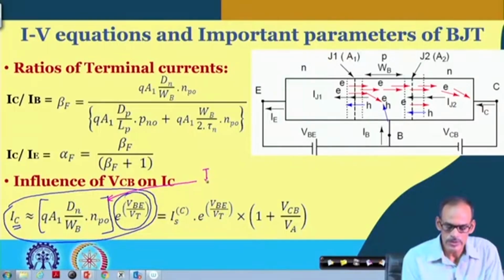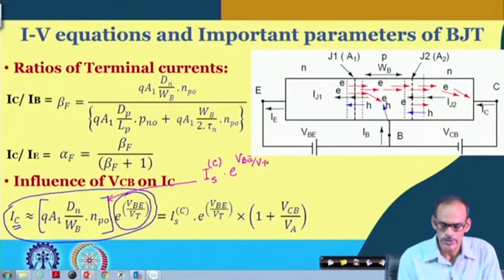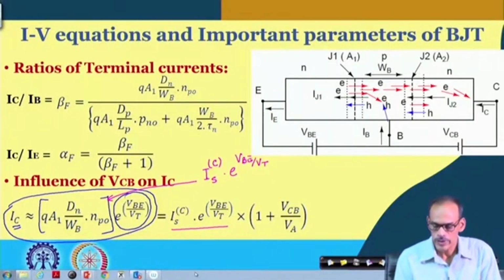So, we may use this whole factor as I_S, for the collector terminal, times e to the power V_BE divided by V_T, the thermal equivalent voltage. So, basically this is what we are getting here: the main dependency of the collector current as a function of V_BE.